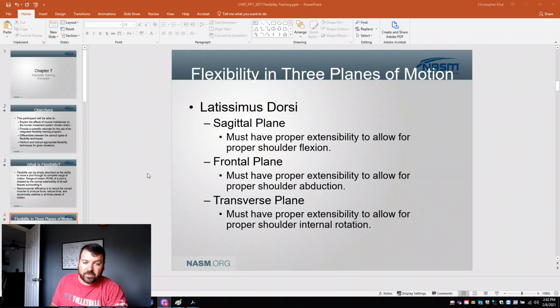Last one, transverse plane, which is the rotation. That would very much limit some of my rotations, especially internal rotation, because it would be really stuck here, and I can't pull in as hard as I could. That's just an example that he gives.